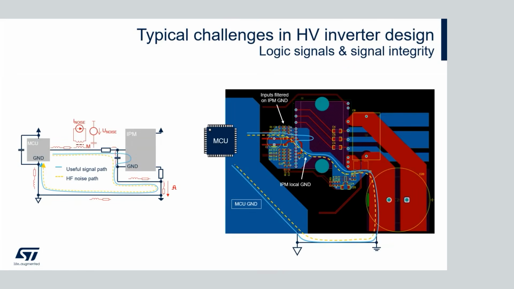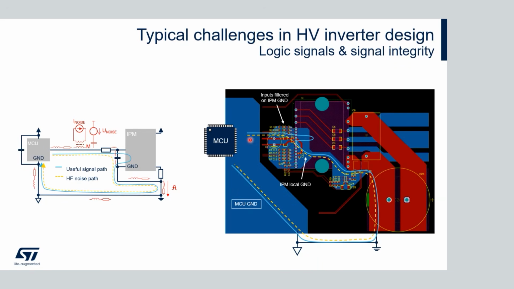This is an example of the mentioned problems on an actual PCB, the same example as before. You can see the path that the signal has to take from the MCU to the IPM through the star point of the grounding and back to the MCU. This is the less ideal case, where the star point has to be there and the signal has to close through a relatively large loop.